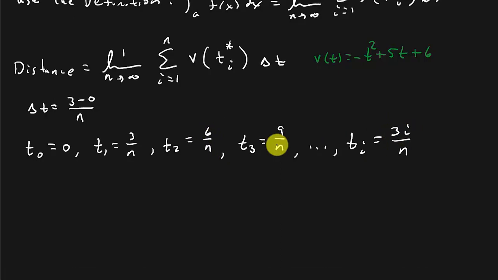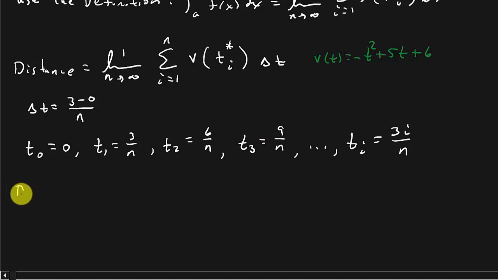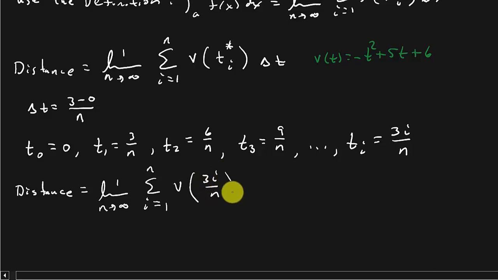And so to get our distance, we can plug this in. See, we're evaluating our function at t sub i. So that's going to be the limit as n goes to infinity, sum i equals 1 to n of v of t sub i, which is 3i over n, times delta t.